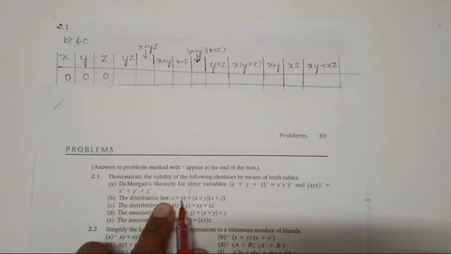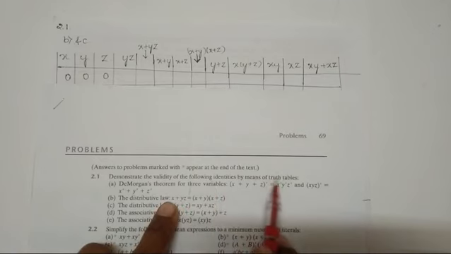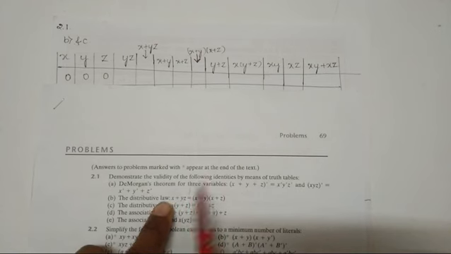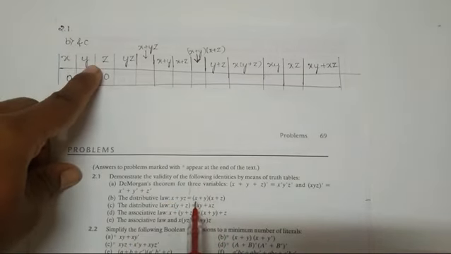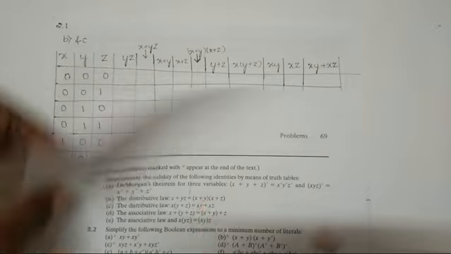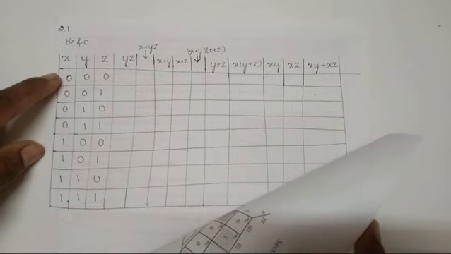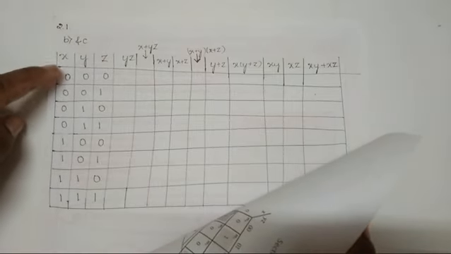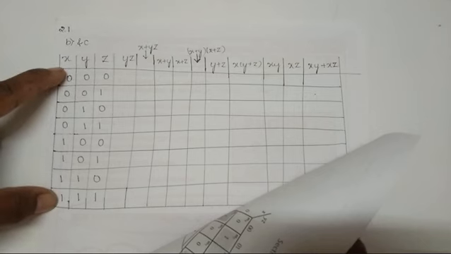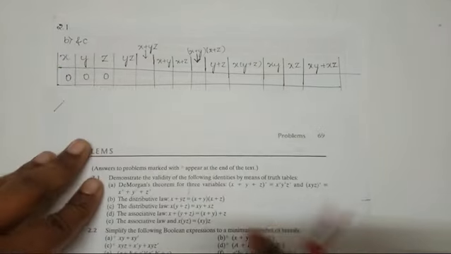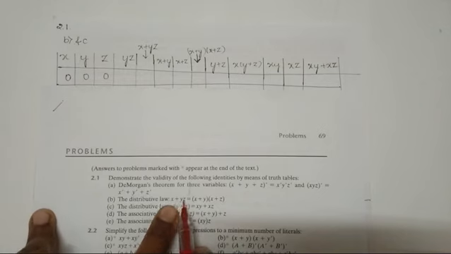In the problem distributive law, x, y, z, here they have already told it is for 3 variables, right? The variables x, y, z, I have taken 3 variables, so 2 power 3 entries from 0 to 7. Okay, I have already taken. Next, what are the ingredients I need? X plus yz.